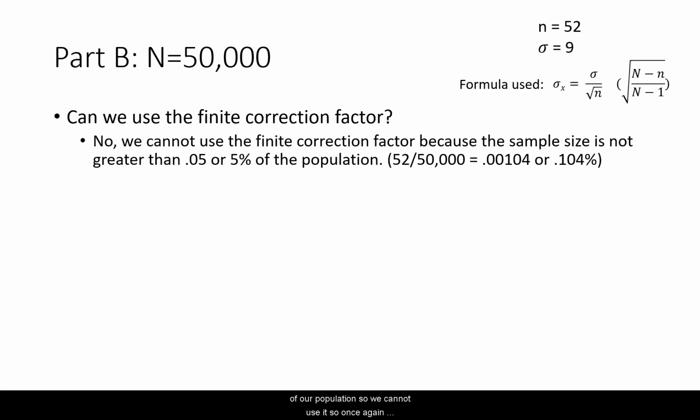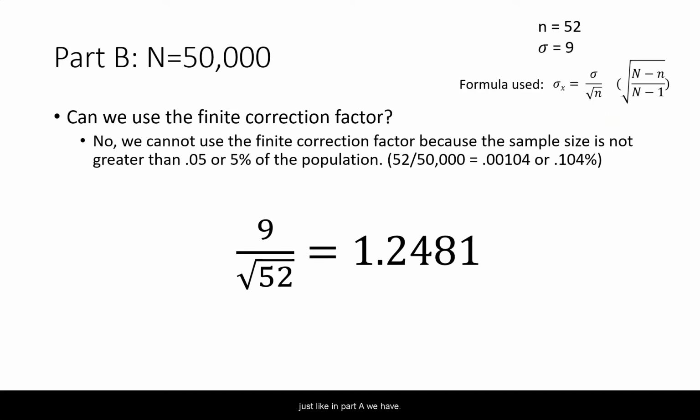So once again, just like in part A, we only use the first part of the formula, which gives us again 9 divided by the square root of 52, which gives us the same standard error as in part A of 1.2481.